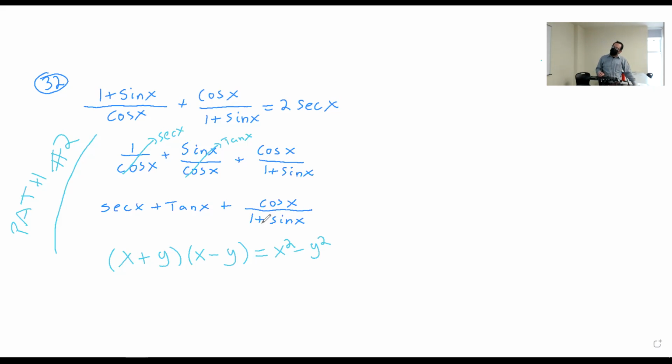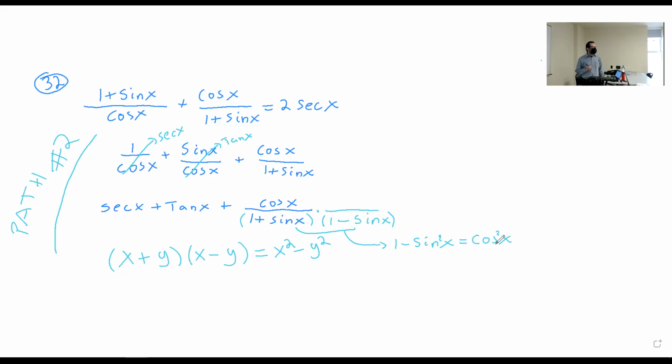So if I have 1 plus sine of x, it would be really cool if I could multiply this by 1 minus sine of x. What would I get? I would get 1 minus sine squared of x, and I know that this is equal to cosine squared of x.